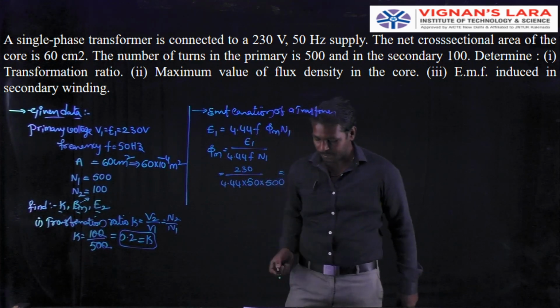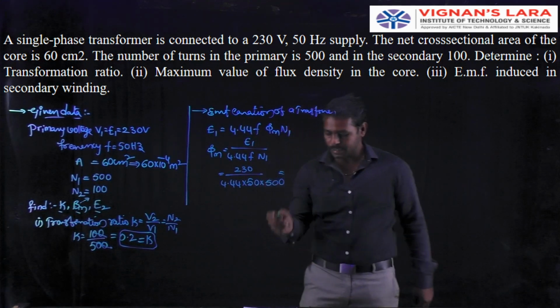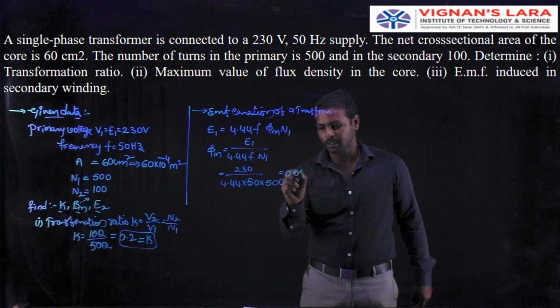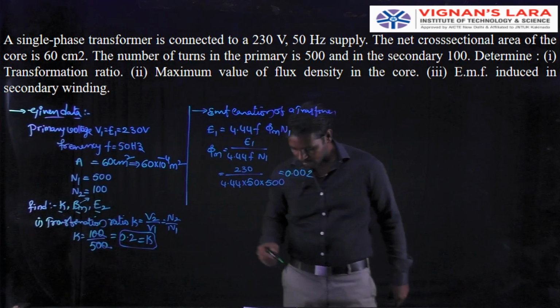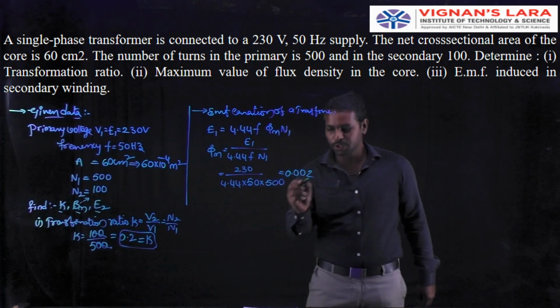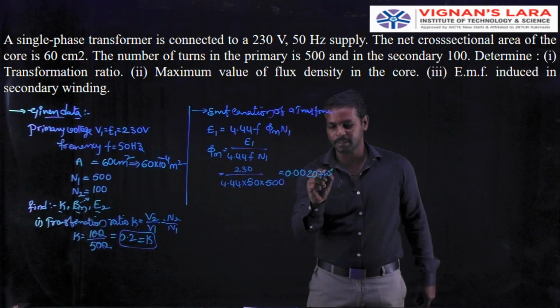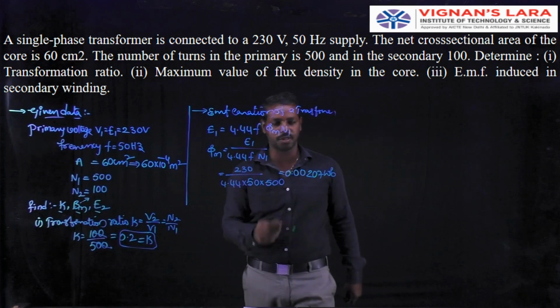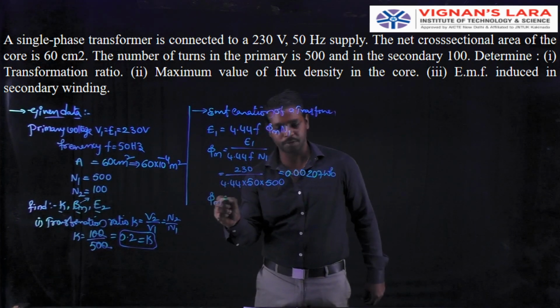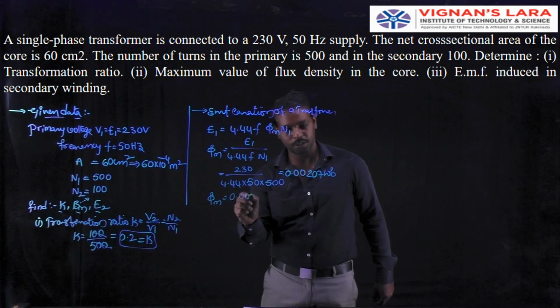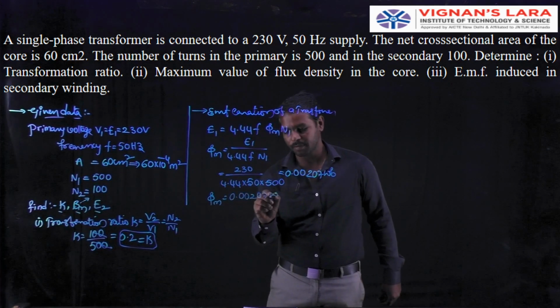So by simplifying this equation, finally phi m is equal to 0.00207 Webers.